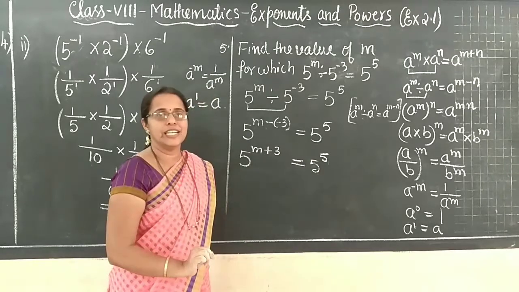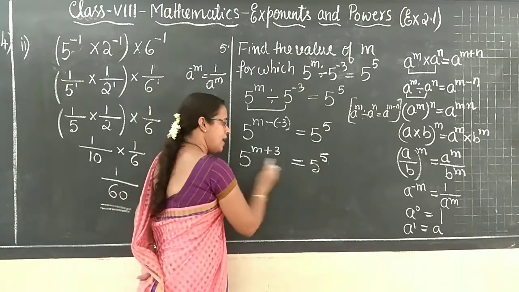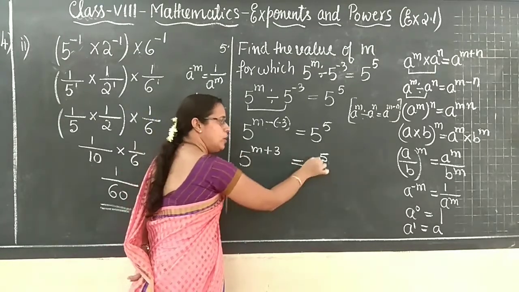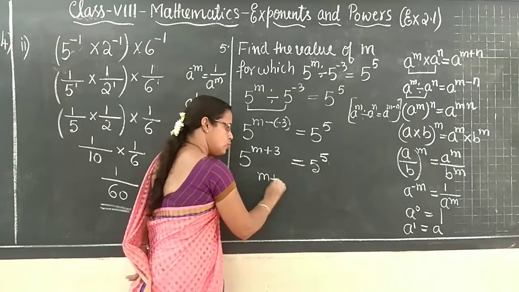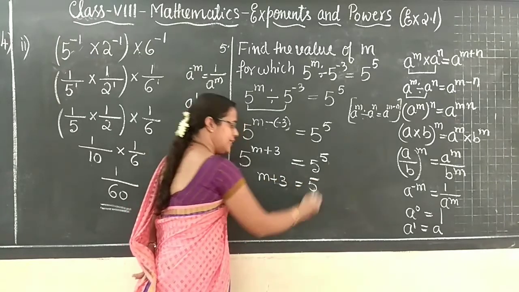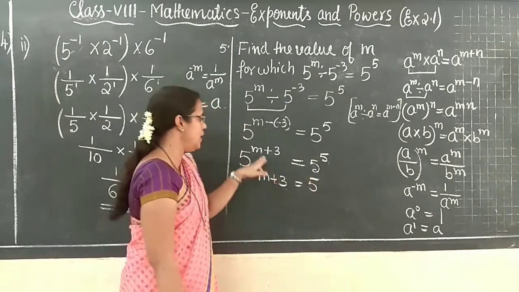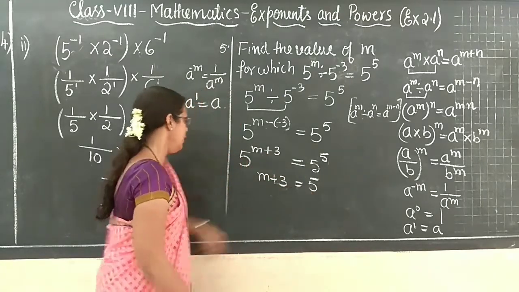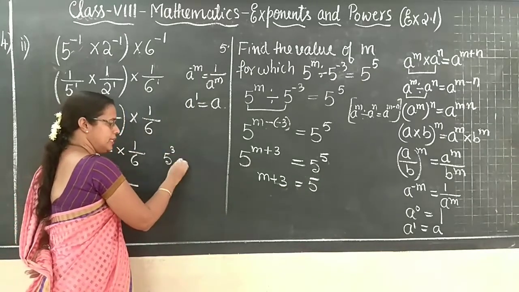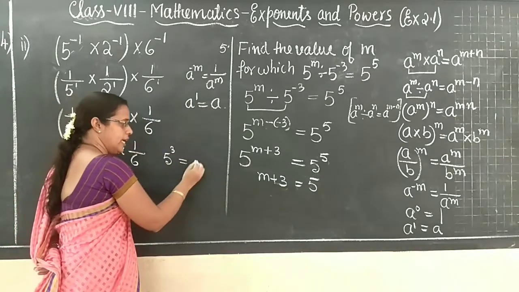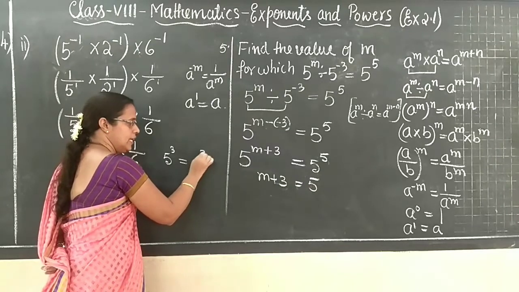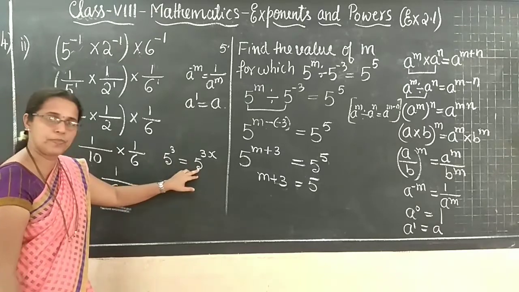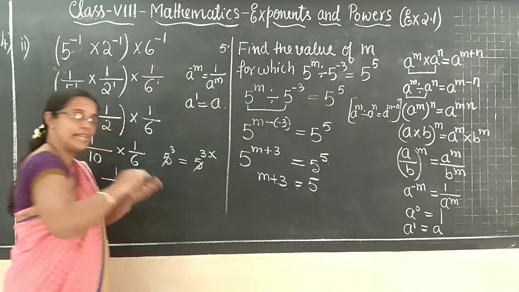This case is a little different, but the bases are equal. 5 is equal to 5. The 5s cancel, and m plus 3 is equal to 5 you can write. Children, everybody understand here: when the bases are the same, the bases get cancelled.